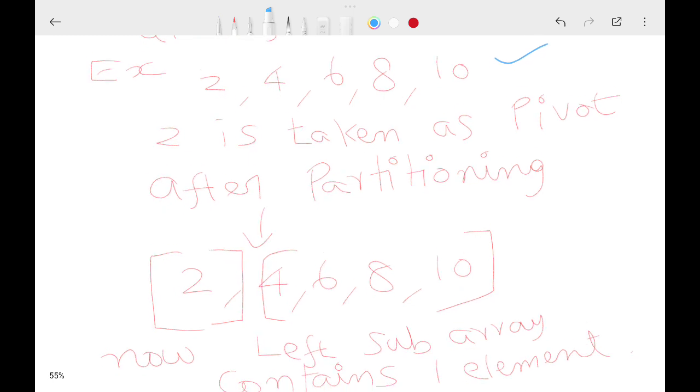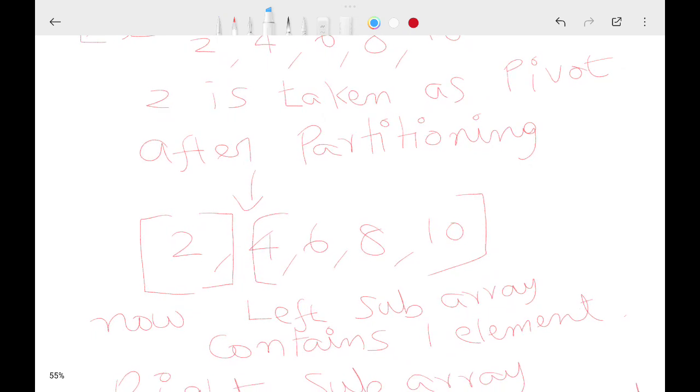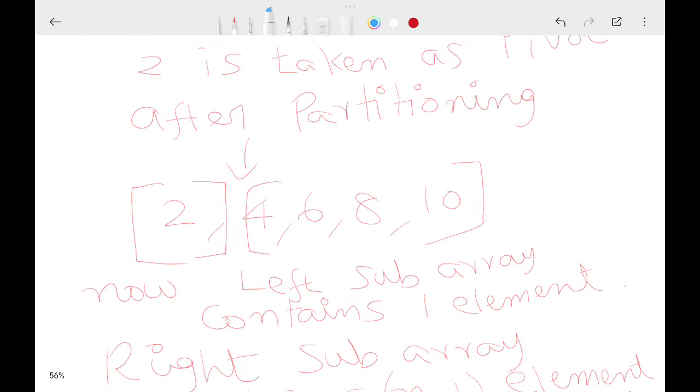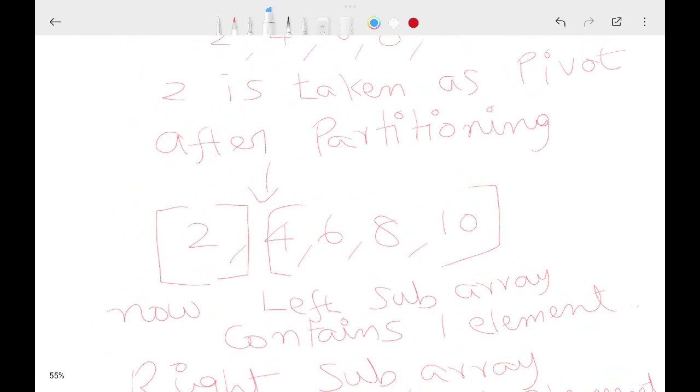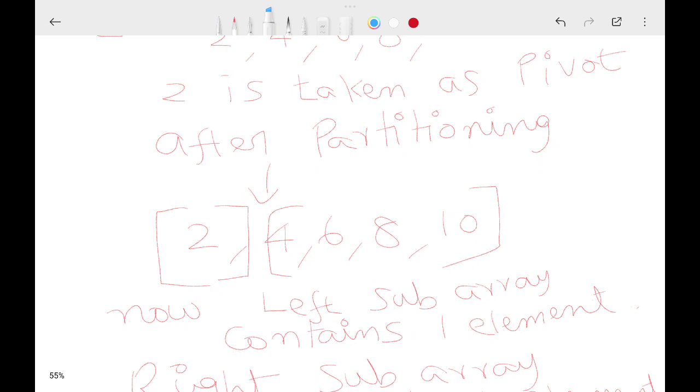So it splits the array in such a way that the left subarray contains only one element, the pivot element, and the right subarray contains four elements. That means n minus 1 elements.